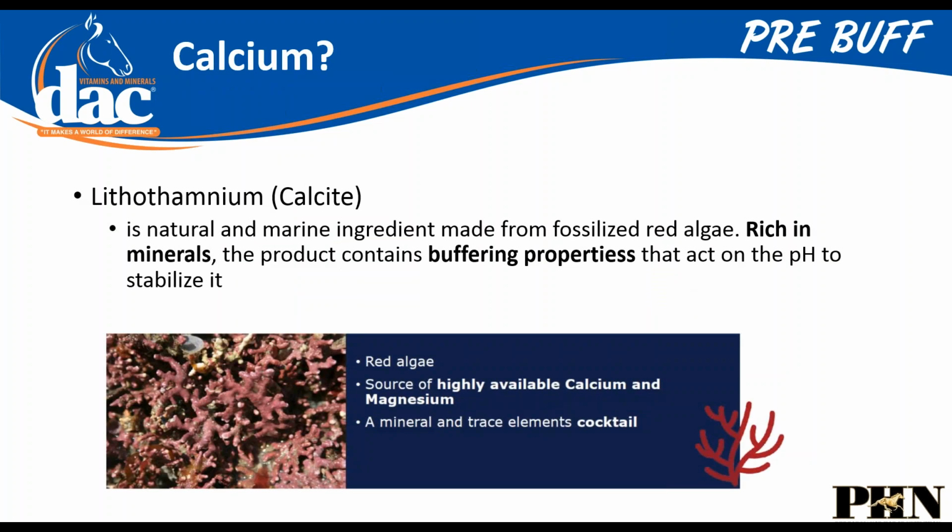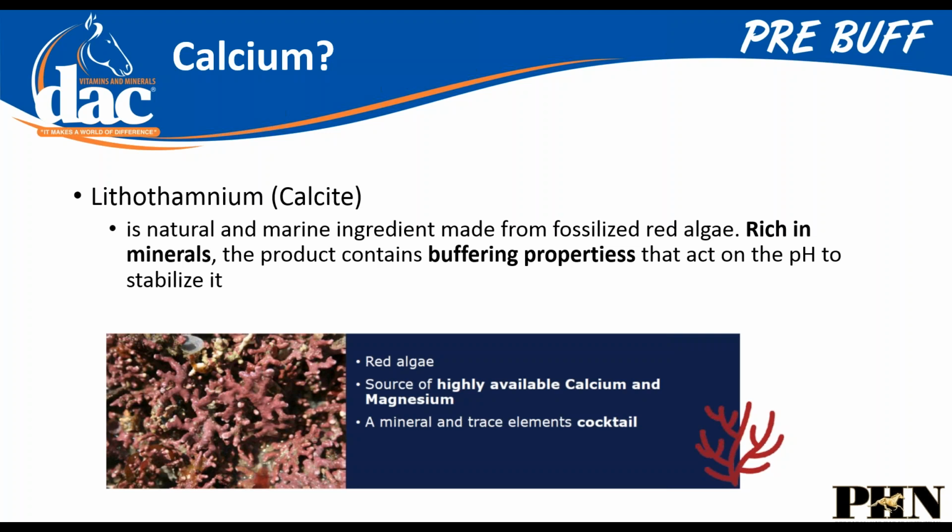So let's start looking at the ingredients we've included in this product to make it a buffer. So the first ingredient, calcium. We know there are lots of different forms of calcium, and we know that calcium has good buffering capacity. We've seen studies in horses just feeding alfalfa and how alfalfa alone helped buffer the stomach acid in horses.